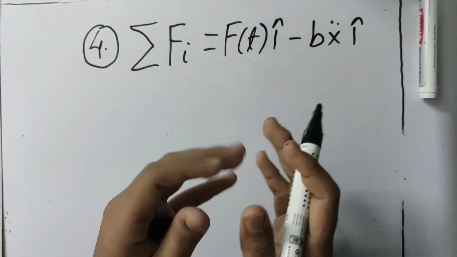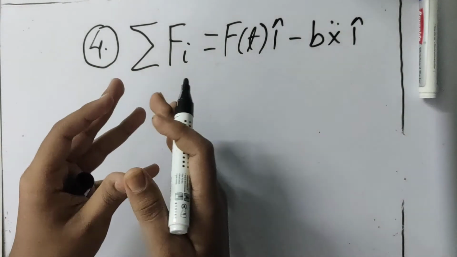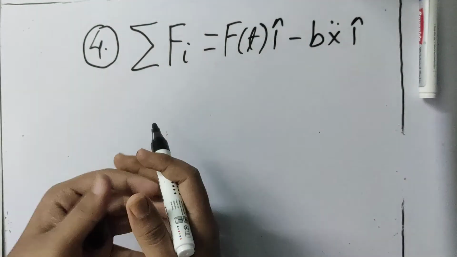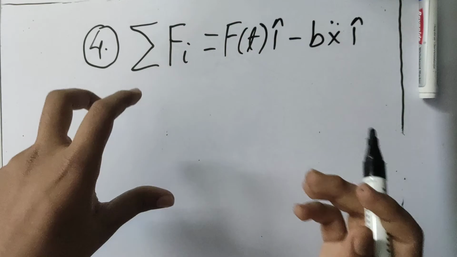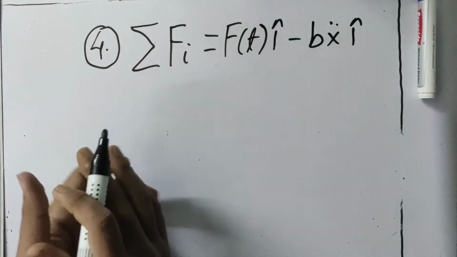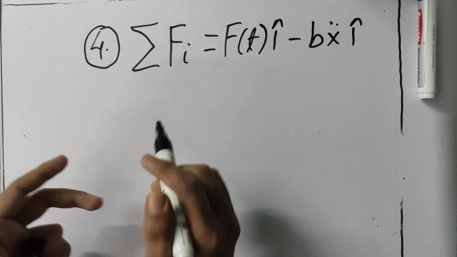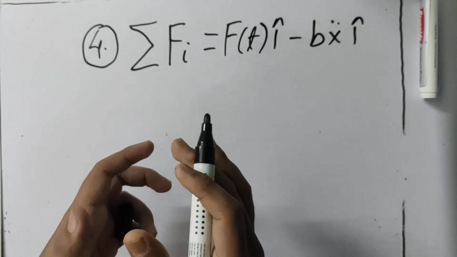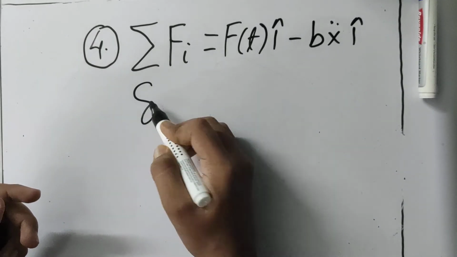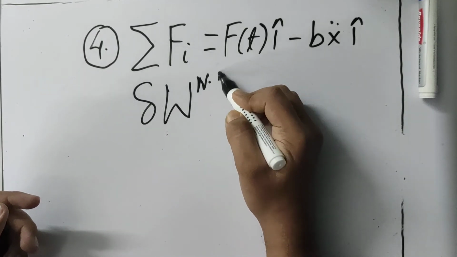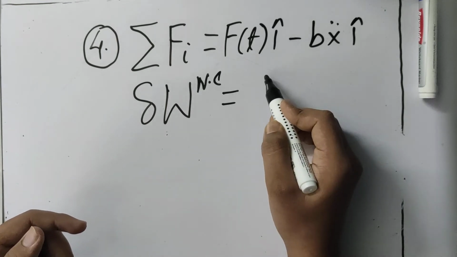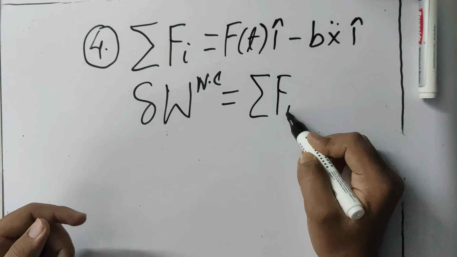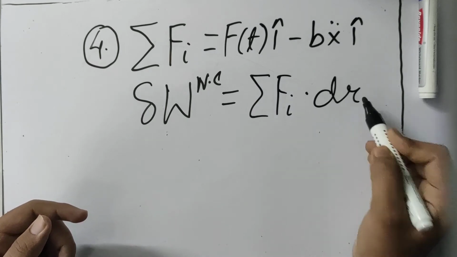Force dotted with displacement, and that force must have a direction and magnitude. Obviously it's a vector, and that force must have some component along the direction of displacement or the other way around. So here we are denoting the virtual work done as delta W non-conservative. So what is that? It's basically this one dotted with dr.